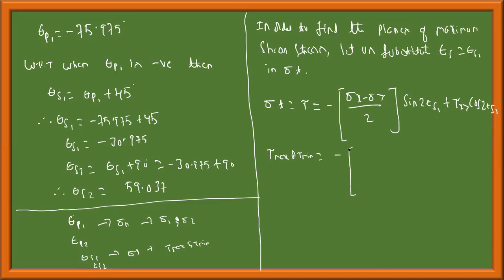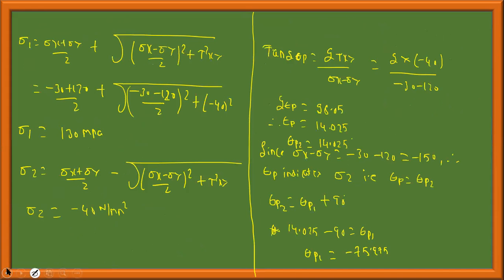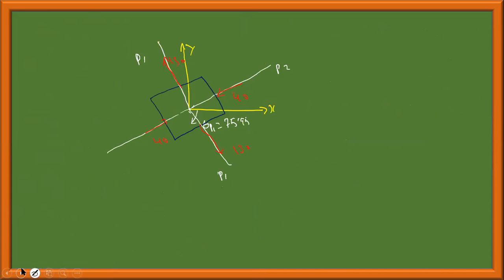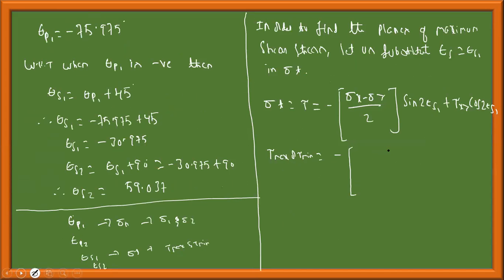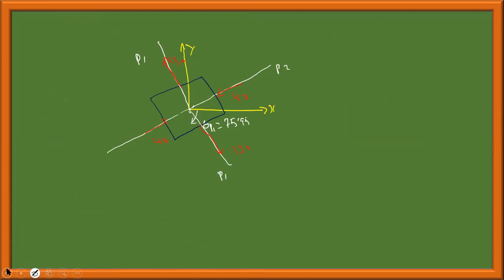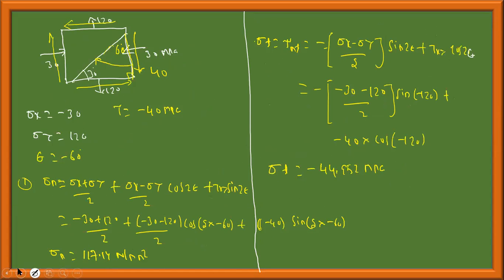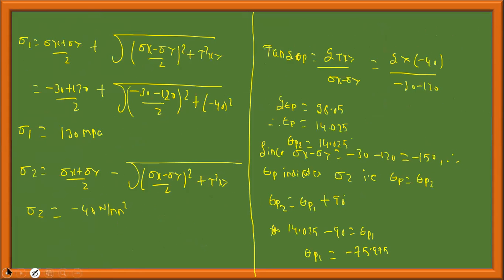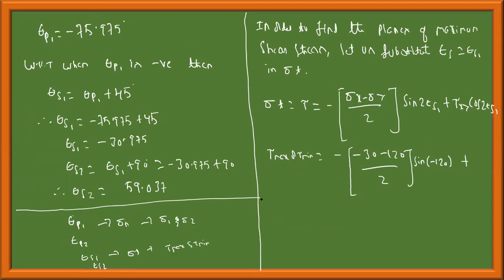Sigma x is how much? Minus 30, right? Sigma x is minus 30, sigma y is 120. So minus of (minus 30 minus 120) by 2, sine of theta, which is negative, sine of minus 120, plus tau xy, which is minus 40, times cos of minus 120.